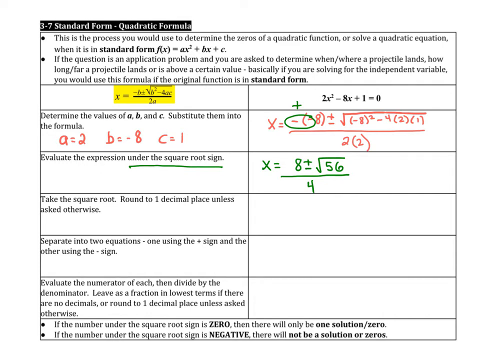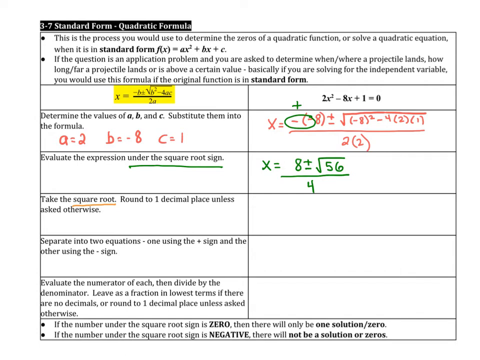All right, your next step is now you're going to take the square root of that 56, and you're going to round it to 1 decimal place unless asked otherwise. Sometimes it'll be a number like 25, in which case you don't need to round, but we can't figure out the square root of 56 without rounding.